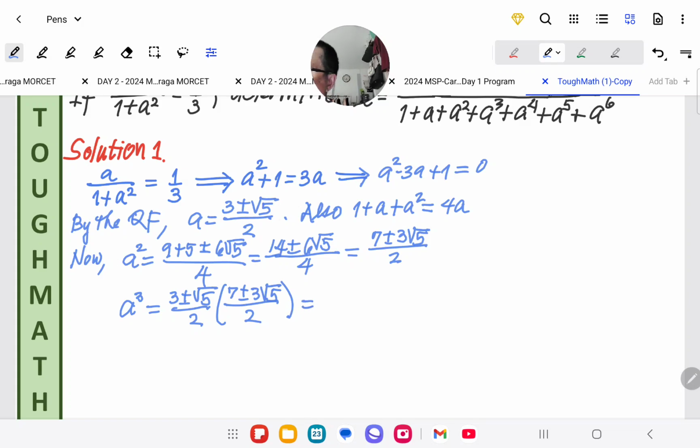And when you perform the multiplication, we get 36 plus or minus 16 square root of 5 over 4, which simplifies to 9 plus or minus the square root of 5.